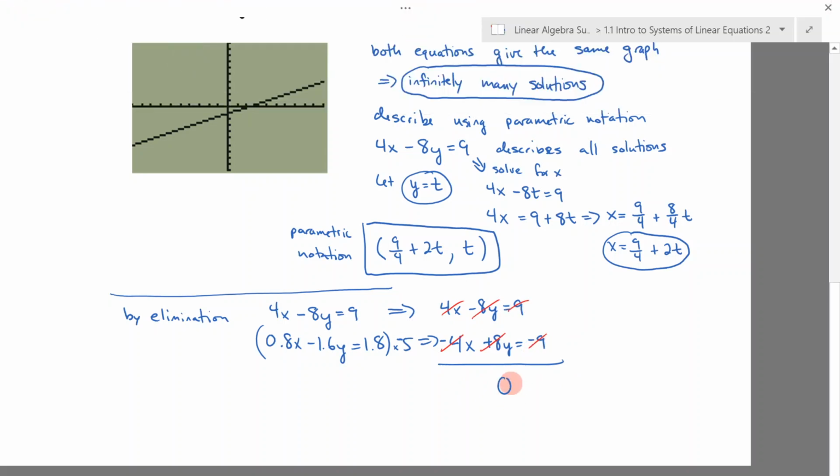What do we get? 0 equals 0. When you see 0 equals 0 like this, that means that there are infinitely many solutions. And again, you can write the parametric notation this way.